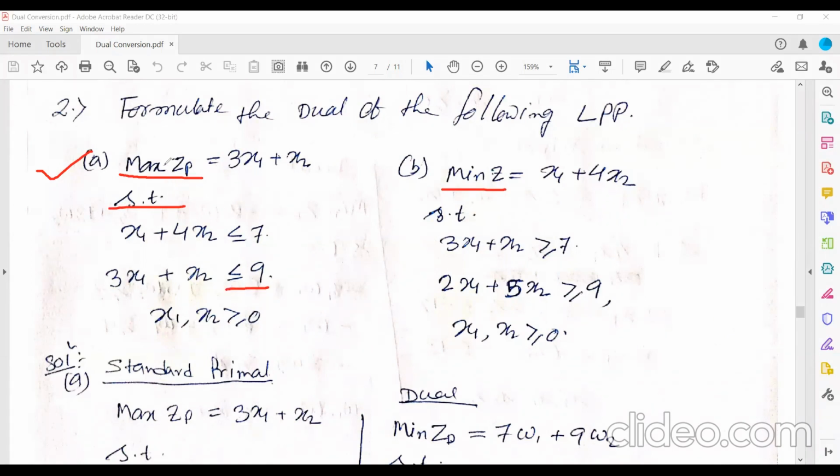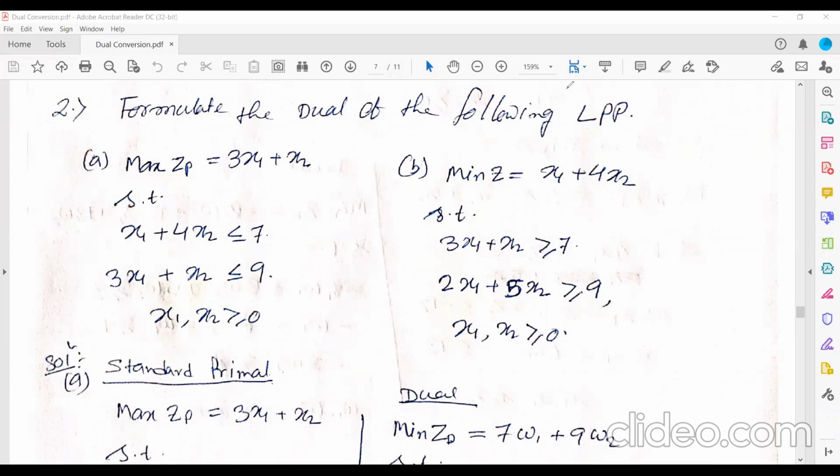Since the problem is maximization, all the constraints are less than or equal to. That means the problem is itself in standard primal form. Nothing to change.